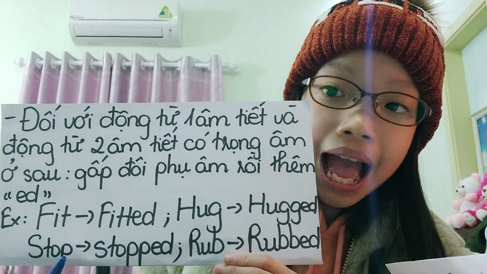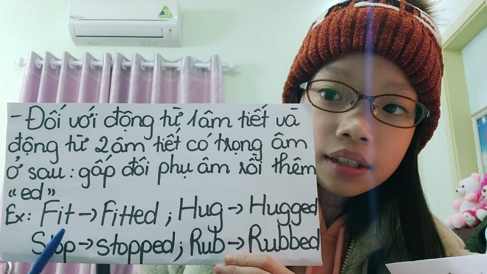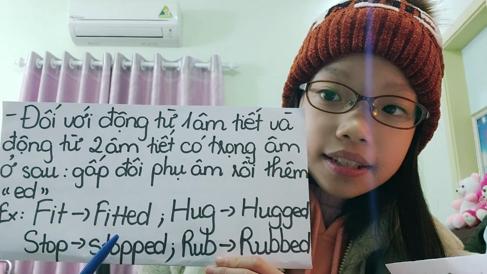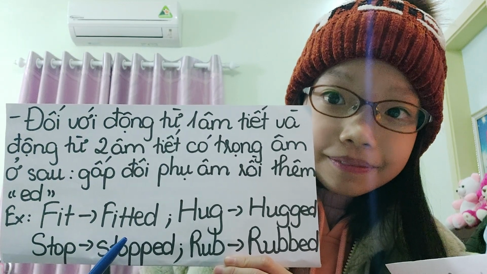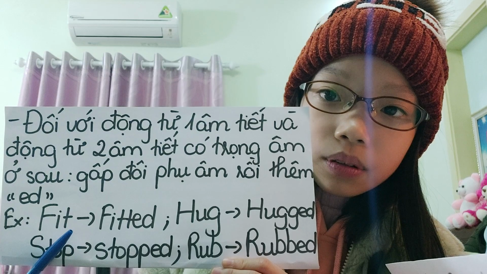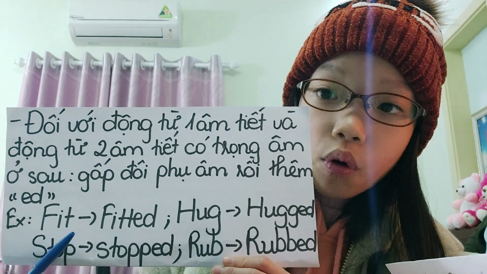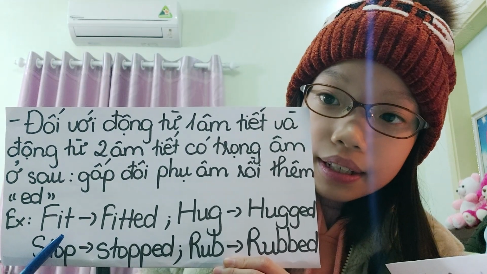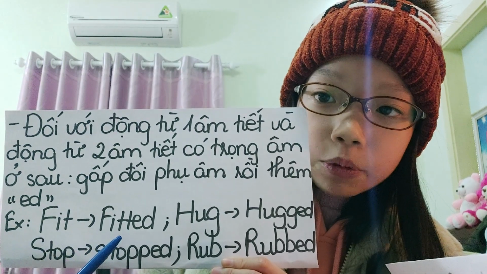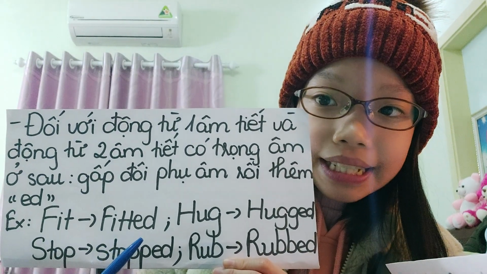Here, we have the word fit. Fit. We turn into fitted. You can see that fit is a 1 syllable word. And here, T is a consonant, so double the T, and add ed.